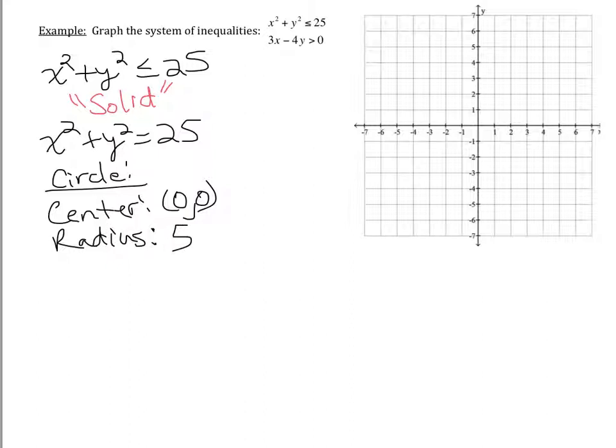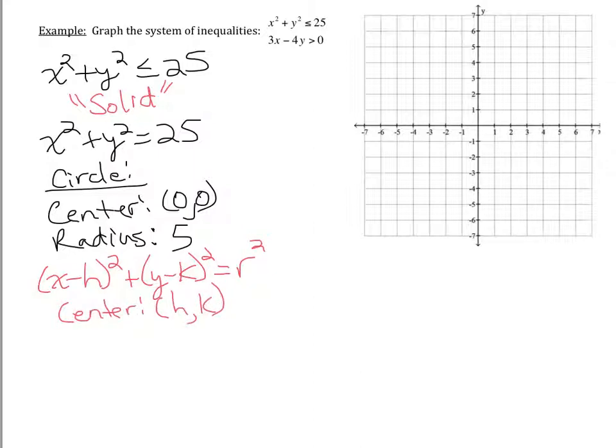And so I'm going to draw a circle on my graph with center (0, 0) and a radius of 5. And just as a review, remember equations of circles all come in the form (x minus h) squared plus (y minus k) squared equals r squared, where the center is (h, k) and the radius is r.